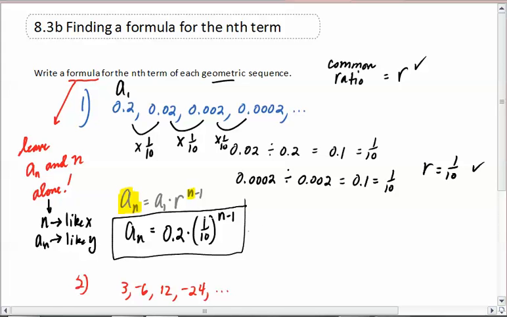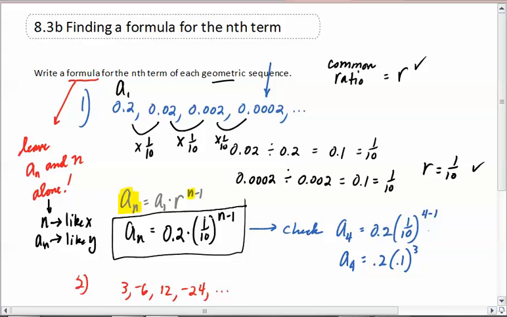Now let's double check it. I'm going to find out what the fourth one in line is, and I'm looking for this to be the answer. So a sub 4 is 0.2 times 1/10 to the 4 minus 1. So a sub 4 is 0.2, and I'm going to turn this into 0.1 to the third power. I have to do this before I can multiply.